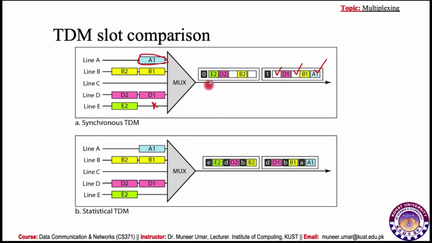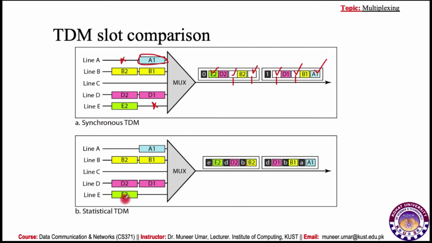Later it sends E2, so next time this one is filled. A is not sending anything, so this one is empty. Similarly for C, this one is empty. So these slots are wasted in synchronous time division multiplexing.